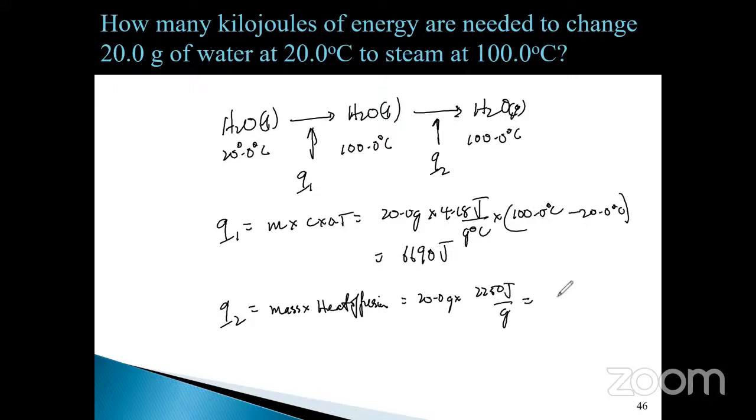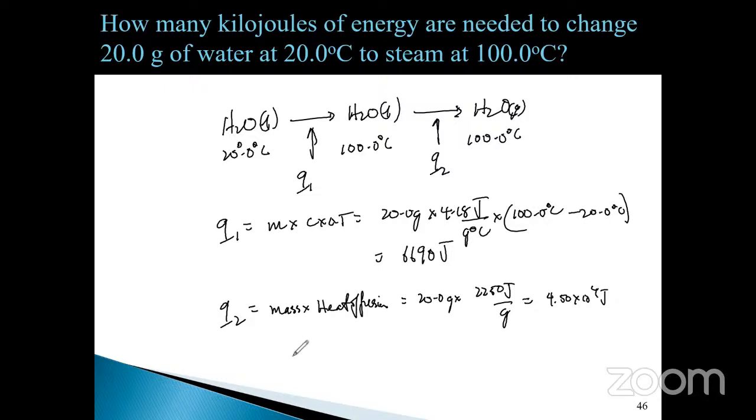And that gives you 20 times 2250. According to my calculation, that would be rounded off to 3 sig figs, 4.50 times 10 to the 4 joules.